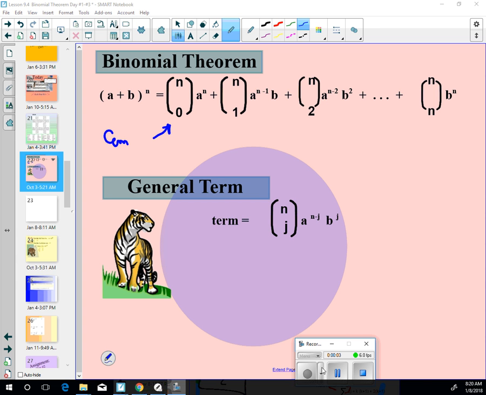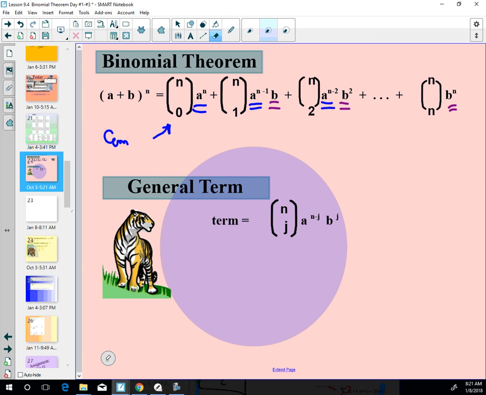The binomial theorem, we start with this idea that each term is the descending A. See how the A is going down, down, down, and the B is going up, up, up. But these are called combinations.